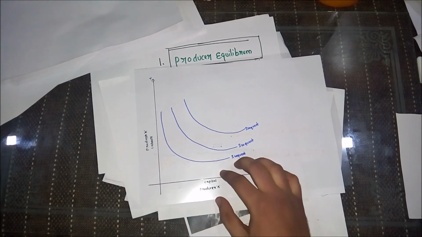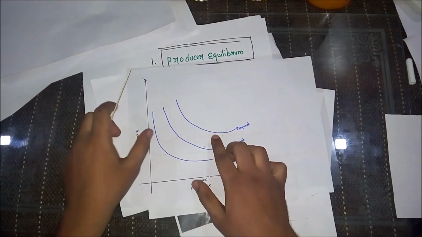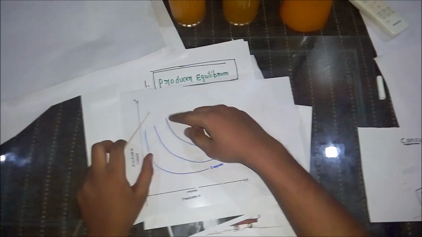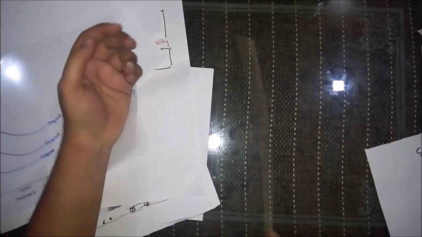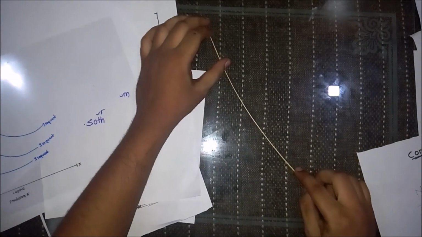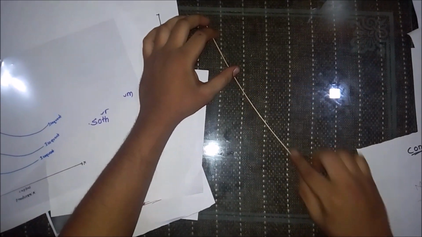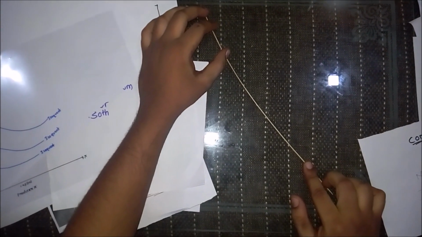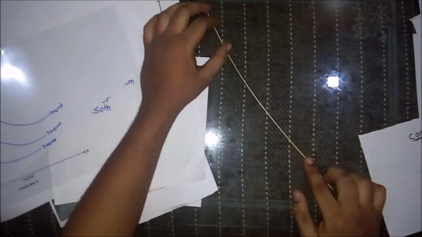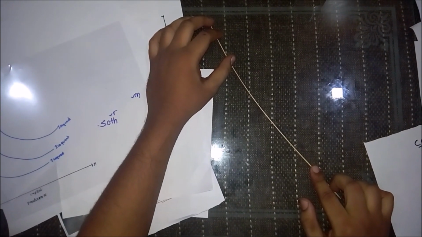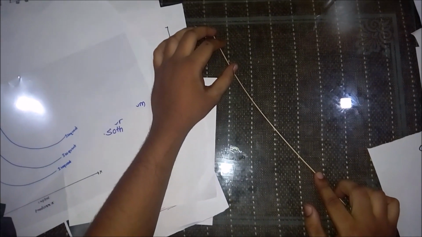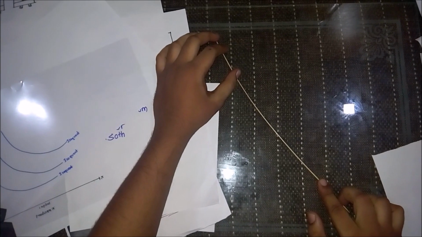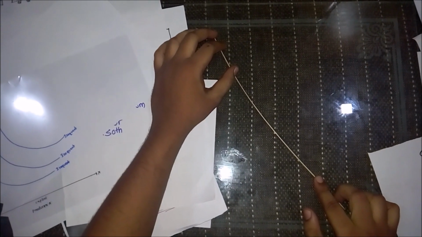Now you might be wondering why it is in this particular shape and why it is bent in. Now let me explain why it is bent in. When you look at this stick, this particular stick is sloping downwards and it is linear. It is linear because its rate is constant, which means when we are foregoing labor to gain capital, always we are foregoing 2 labor to gain 1 capital.